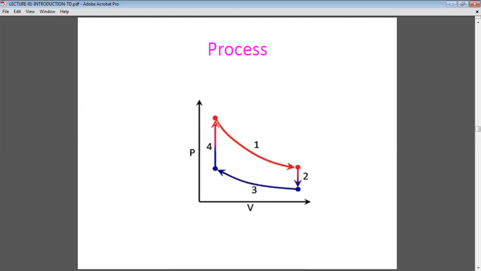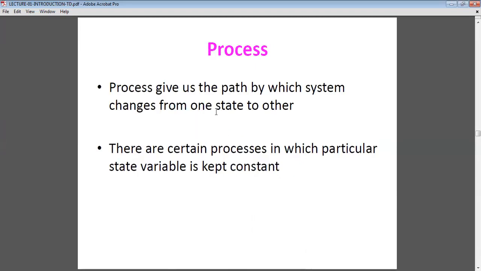If you join all the points, this is called one process. Similarly, this is another process, and another process. If we join the path of the change of states of a system, we say that the process has occurred. So a process gives us the path by which the system changes from one state to another. And there are certain processes in which a particular state variable is kept constant.